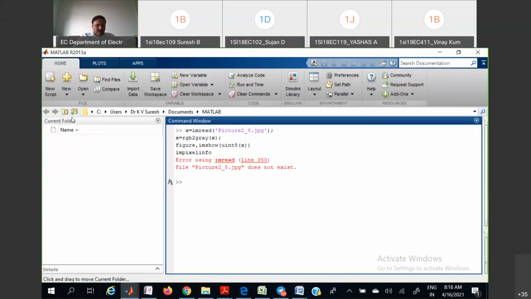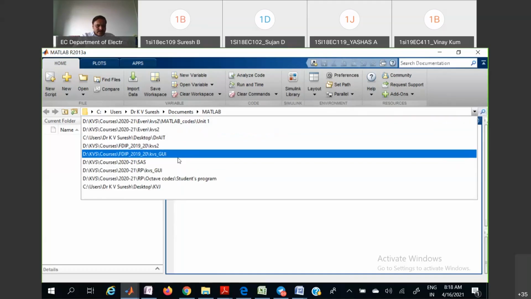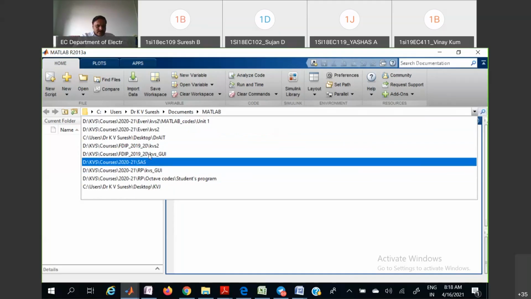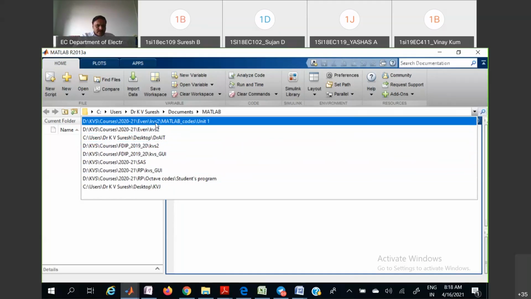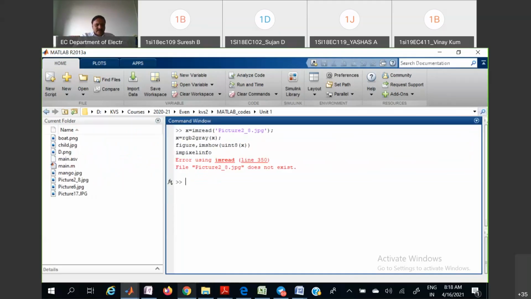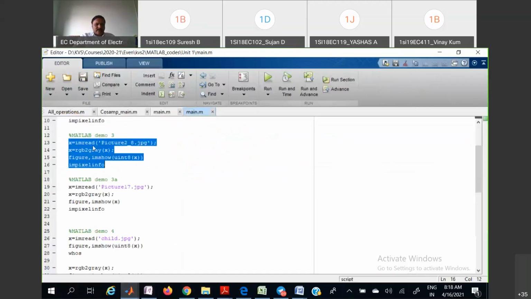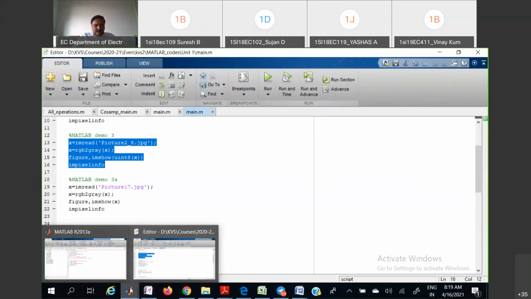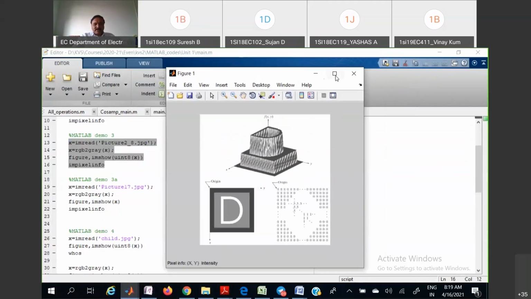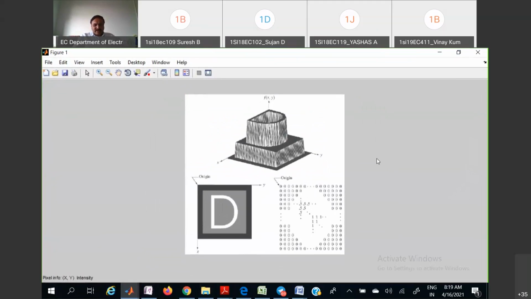Yeah, I think I need to change the folder. Yeah, so this is an image. I think it is the same image I have read.